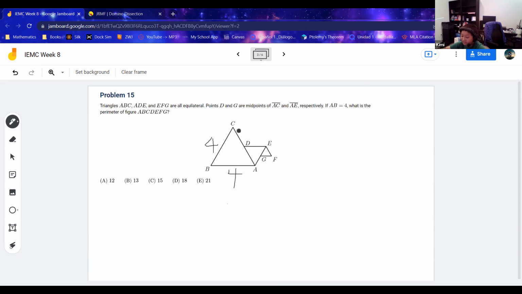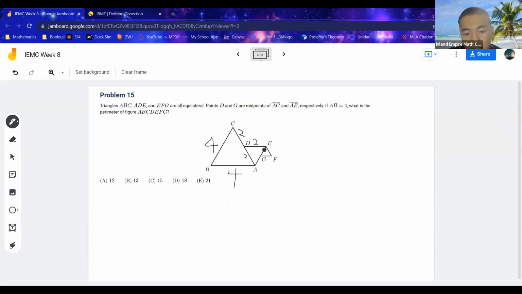CD is 2. Very good. I understand what a midpoint is now. So that means AD is also 2, right? If AD is 2 and this triangle is equilateral, what is DE? DE is also 2.